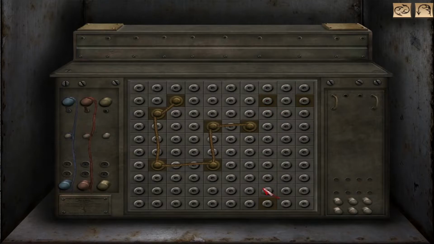So I can't get it here or here. What about... No. Oh no. Why can't I move? Can I get this from here? No, so this is impossible.